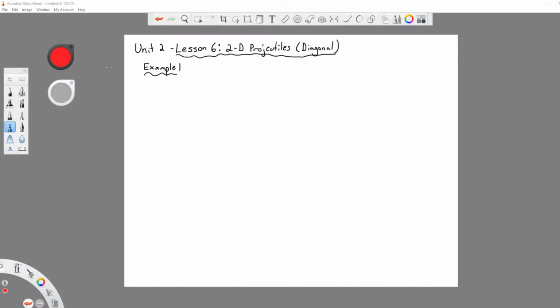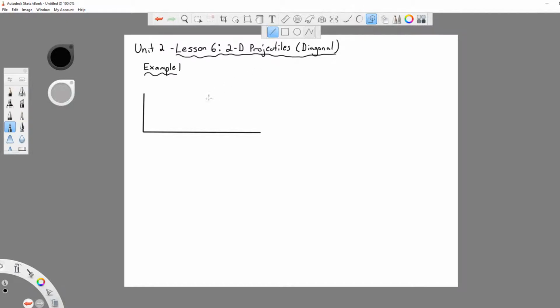Okay, so I'm going to sketch a little schematic here. And what we have is a ball that's just being hit down a driving range or a golf course or something. I'm going to also put on a y axis here just so it's a little bit more clear.